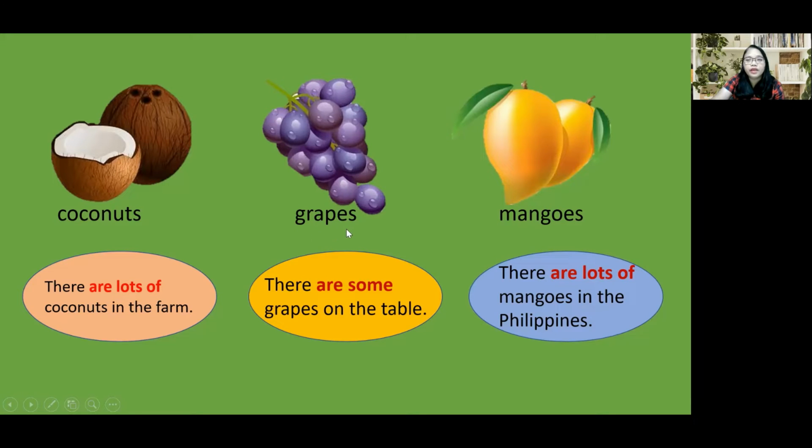Grapes. There are some grapes on the table. There are some grapes on the table.